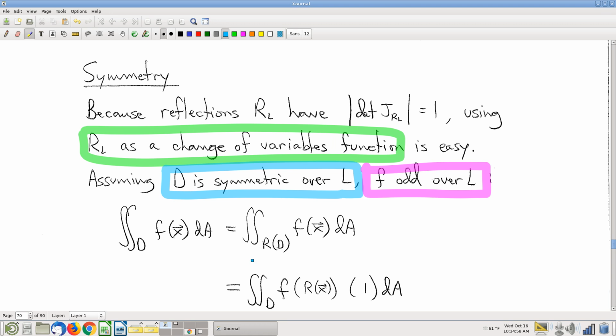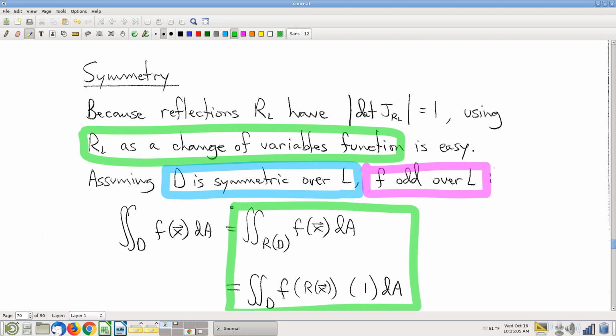Now check it out. I'm doing an integral over an image domain, and so I can apply change of variables. I'm going to do a pullback. This is a pullback through this change of variables function. Straight up pullback, right? The integral over the image pulls back to an integral over the, what I like to call the pre-image, the pullback domain.